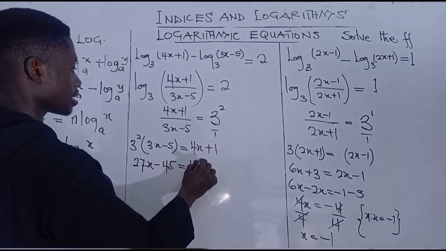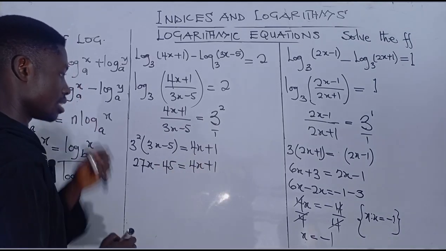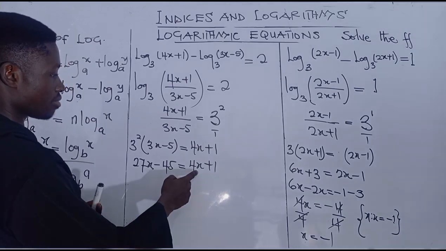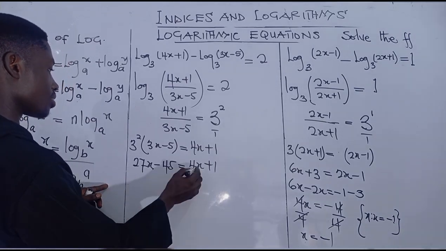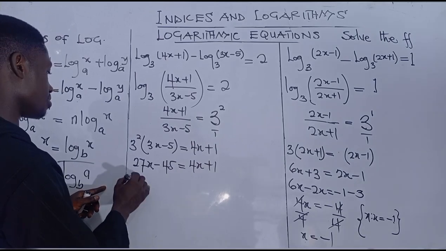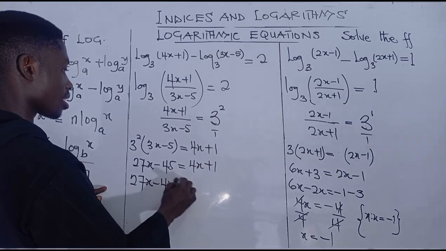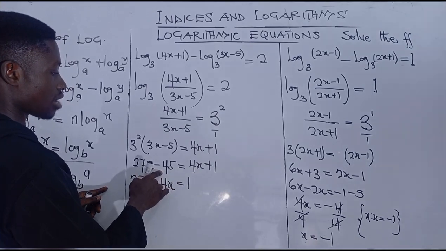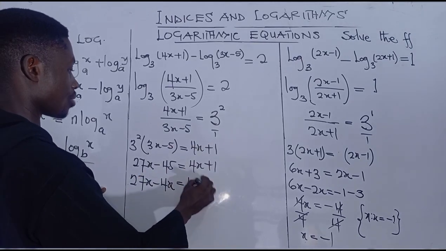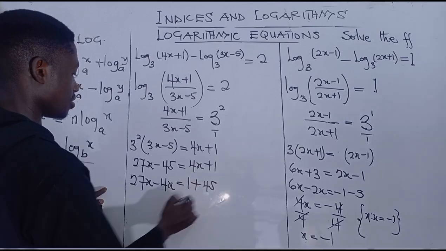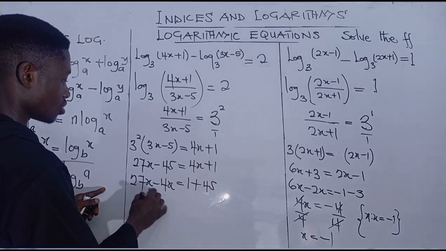We have 4x plus 1. Let's group the like terms. We have x and x here. So let's bring the 4x to the left hand side, and then let's send the minus 45 to the right hand side. You have plus 45.